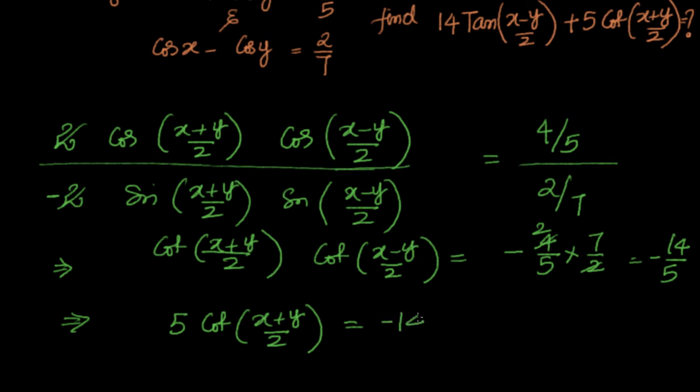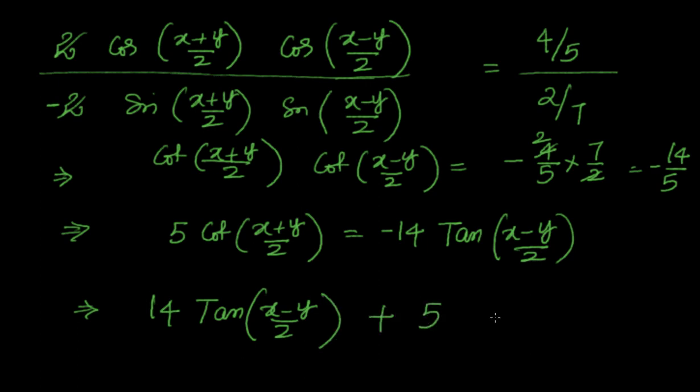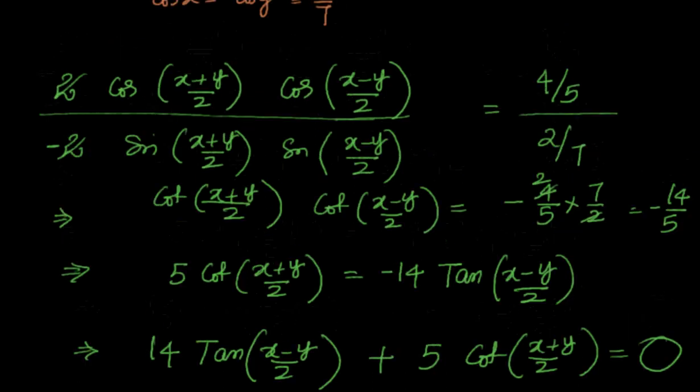This becomes minus 14 tan (x minus y)/2. If I bring the right hand side to the left hand side, I will get 14 tan (x minus y)/2 plus 5 cot (x plus y)/2 equal to 0. This is what we have to prove.